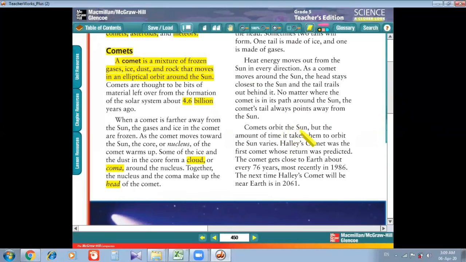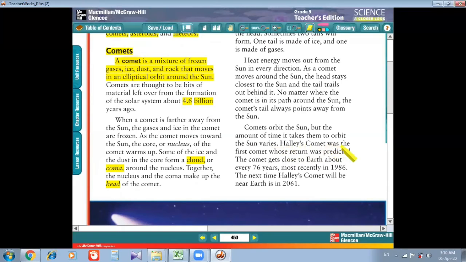Comets orbit the sun, but the amount of time it takes them to orbit the sun varies. We have discussed that comets move around the sun, but how much time it takes to complete the orbit is different for each.